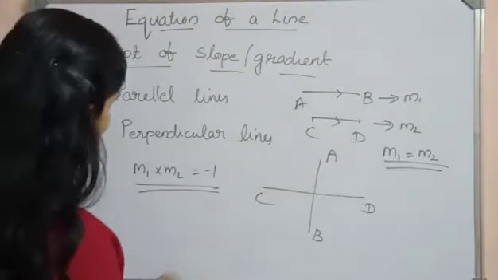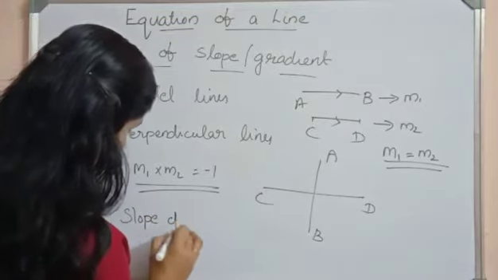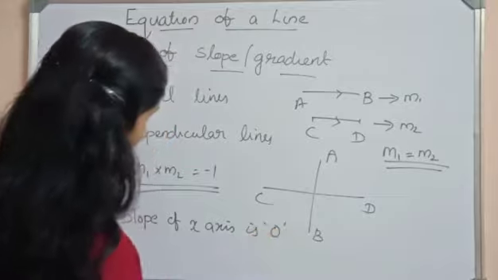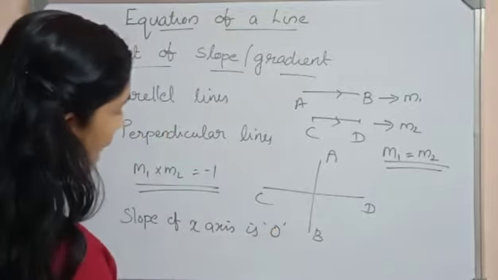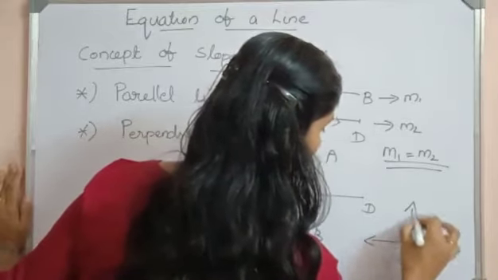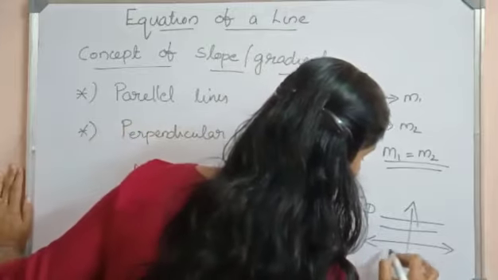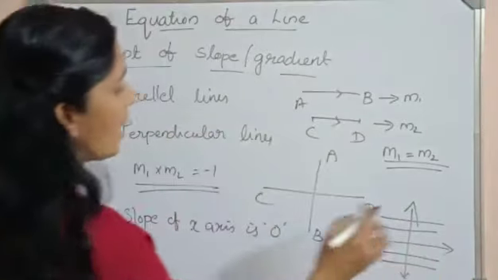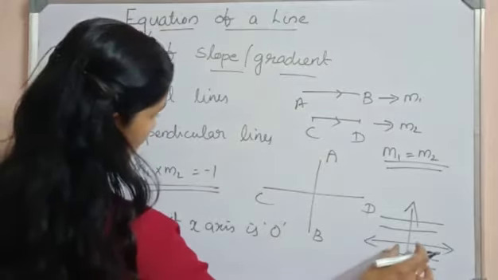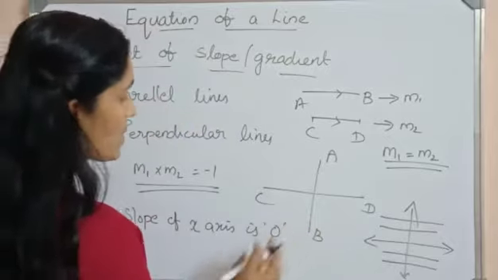Now we know that the slope of the x-axis is 0. Therefore, all the lines which are parallel to the x-axis have the slope 0. This is the x-axis and this is the y-axis here, and whichever lines are parallel to the x-axis, all these lines have the slope 0.